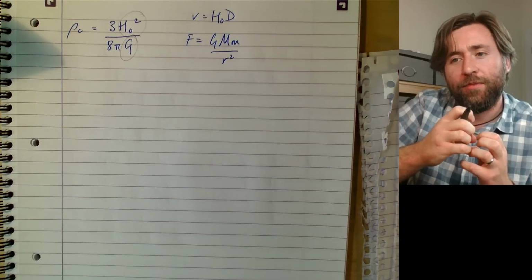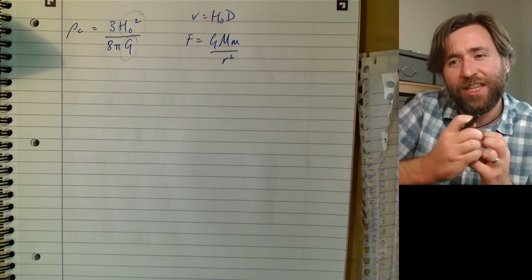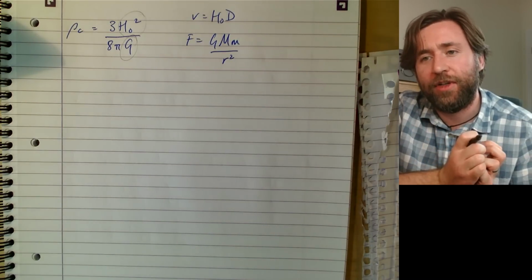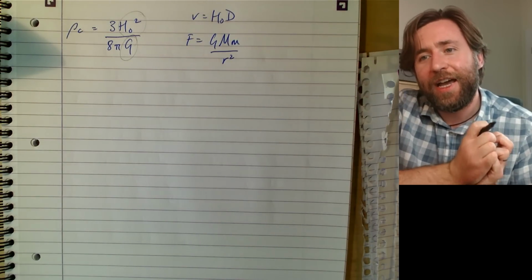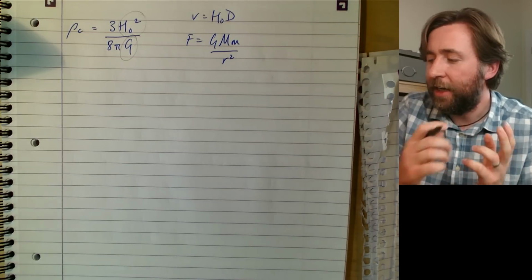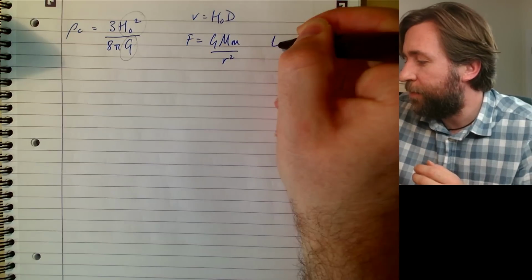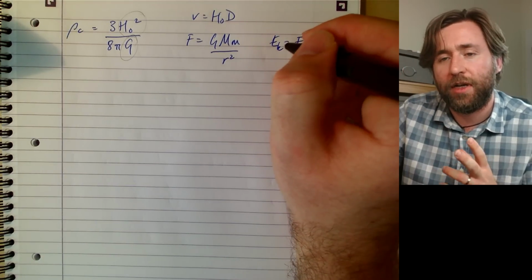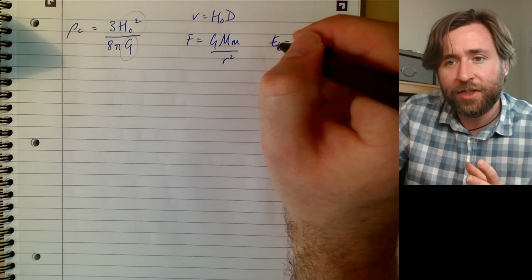Well, it would have to have enough energy to get away from that gravitational field. So we're going to use energy analysis to do this derivation. We're going to make a kinetic energy equal to a potential energy. And what are our two energies?